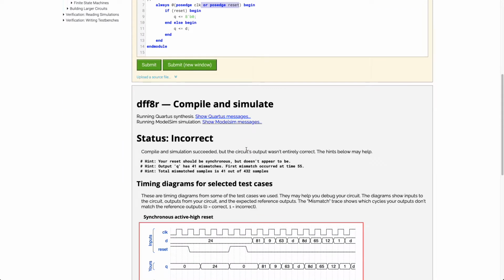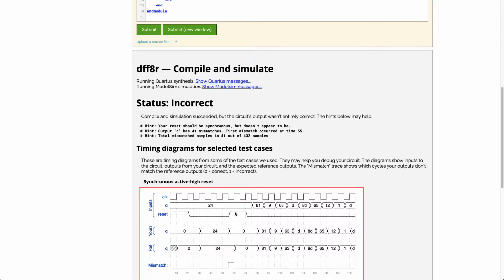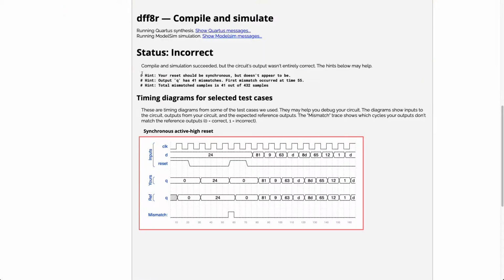So I guess they just want it to take effect at the next posedge clock.